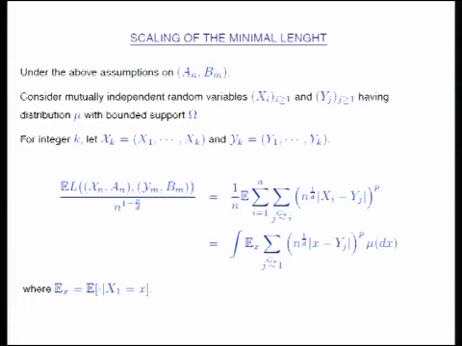And so, as David was saying, everything that you do with a scaling argument tends to be quite trivial, so that's what we did. We fix this condition on the degree sequence. We take mutually independent random variables for the points with some distribution mu in a bounded domain.